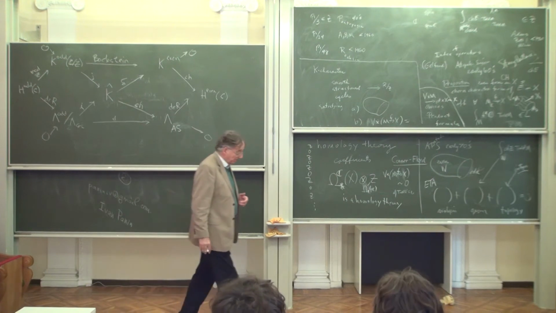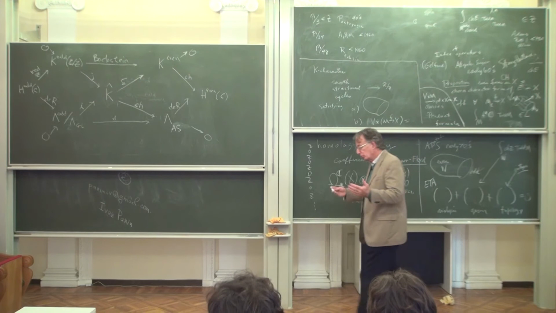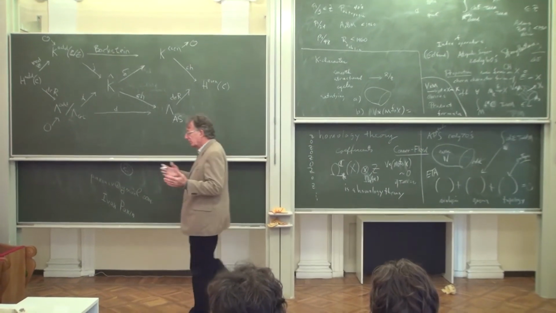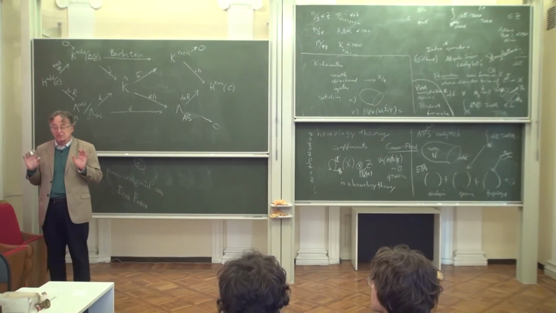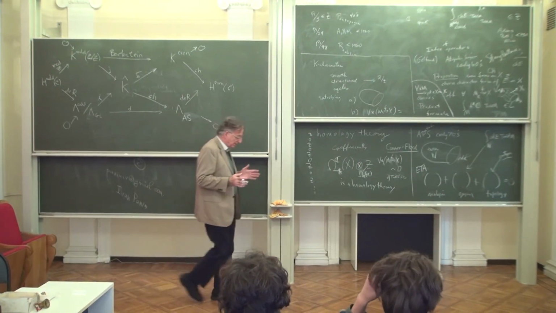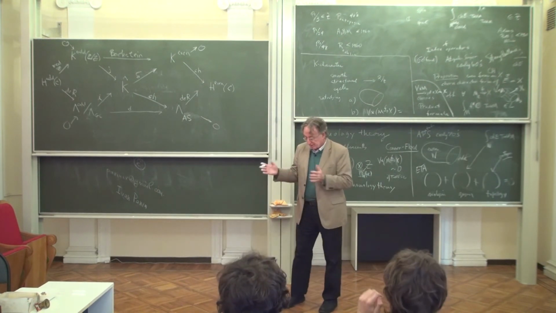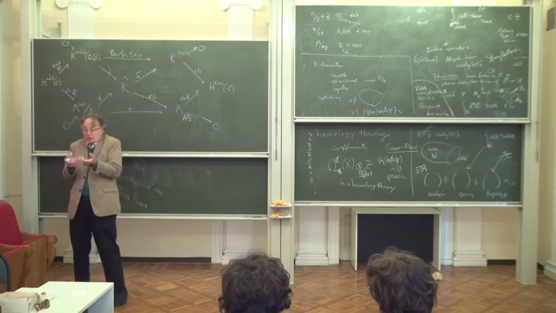Interesting question. Or, what can you say about a connection if the characteristic forms vanish? And you could also ask, what can you say about two bundles with connections if their characteristic forms are equal? How are they related?